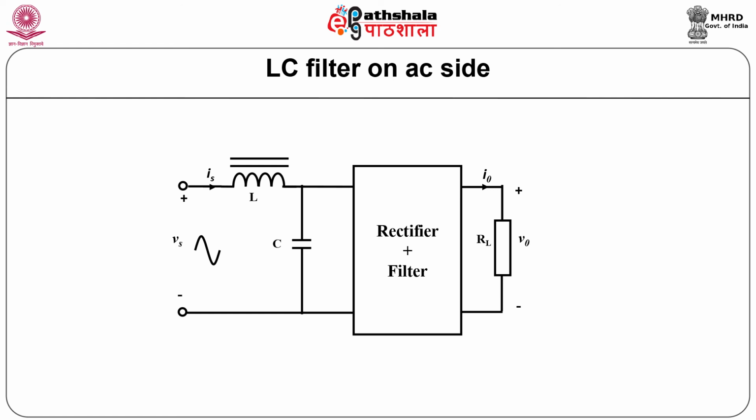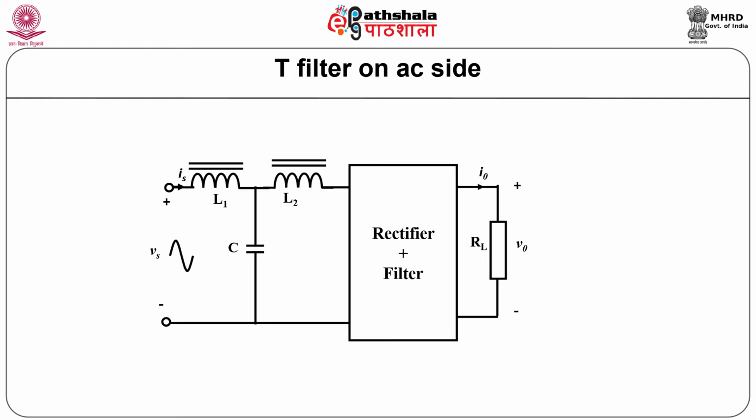These LC filters are used to eliminate or bypass the higher frequencies, which are harmonic frequencies. This is one type of filter used, and the most widely used filter is the T filter as shown in the figure. It contains two inductors and one capacitor as shown in the figure.